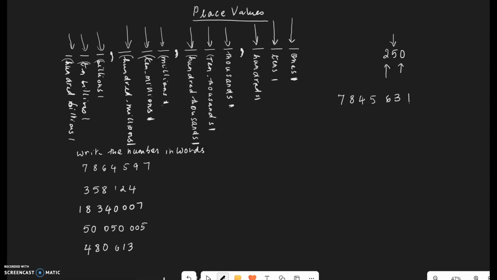So we have 1, 2, 3, then place the comma. 1, 2, 3, then place the comma. Each of these is called a period. So now this is the ones, tens, hundreds, thousands, 10,000s, 100,000s, and then millions. So the number is in the millions.